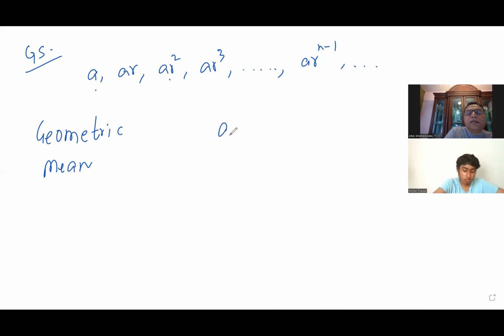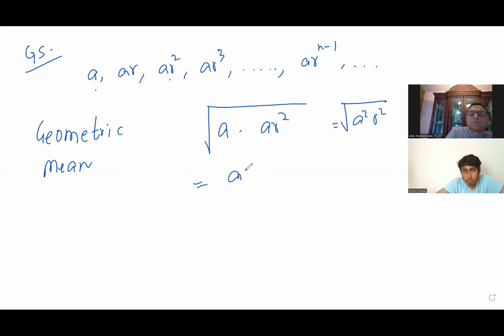So if I do a times ar squared and find the square root, what do I get? You see, when I multiply them, the product is the square of the middle term, right?